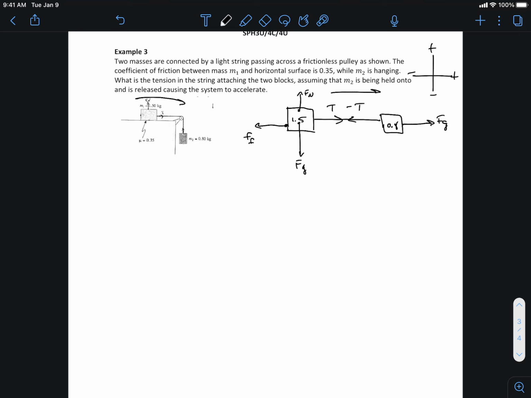Now, depending on whether or not you choose to like that, I find this helpful. Let's just say you decide to just work with this, and you don't necessarily like switching this into one frame.